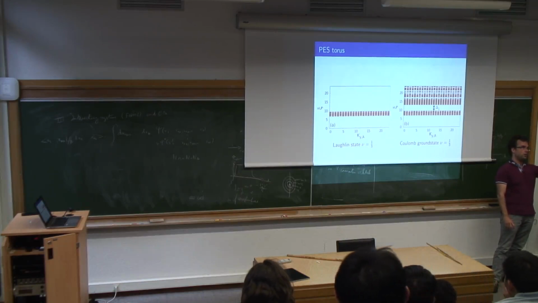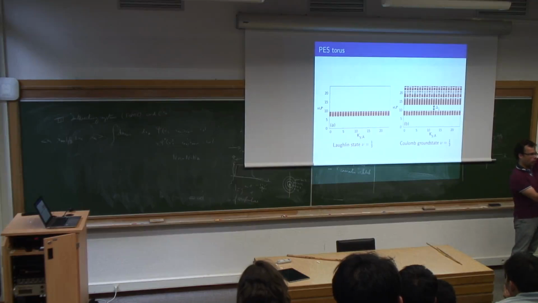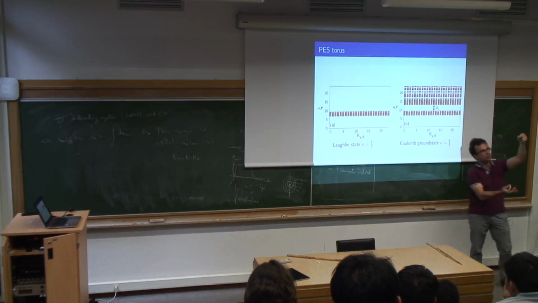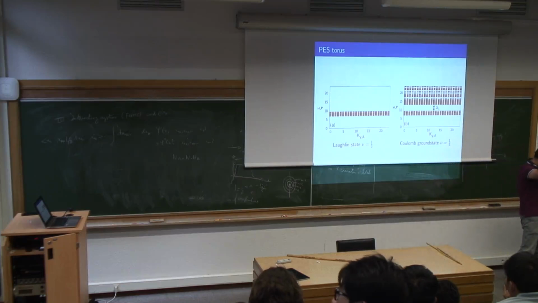If you want to get the sector corresponding to the sigma field, you need to have 1 quasi-hole here and 1 quasi-hole here on the sphere, and then the entanglement spectrum will give you the CFT counting for how many descendants you have from the sigma field.